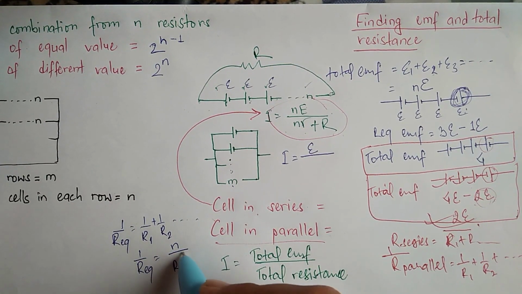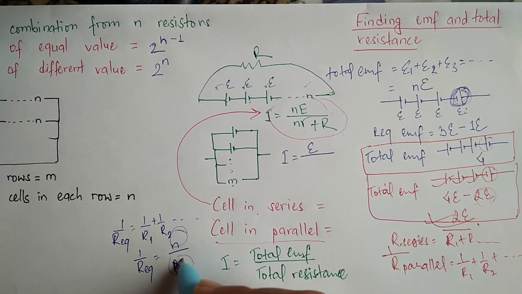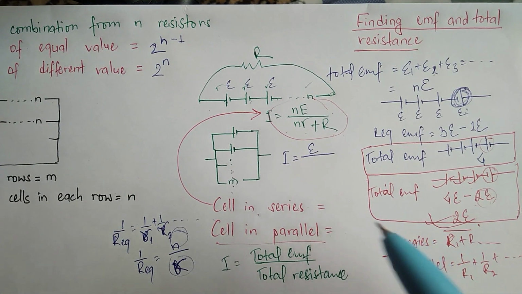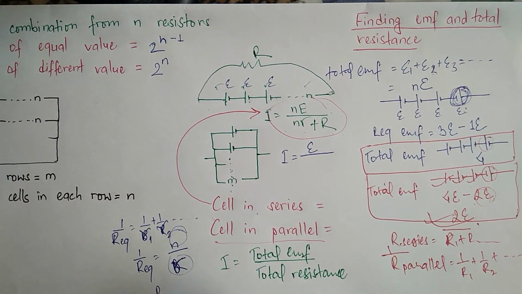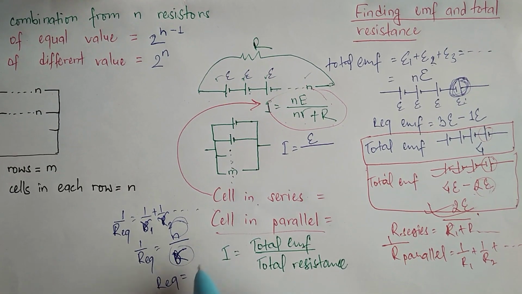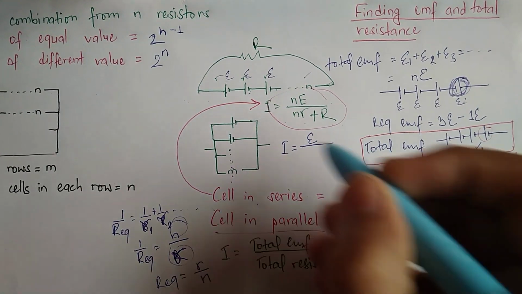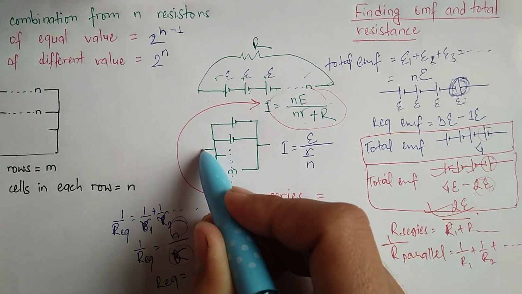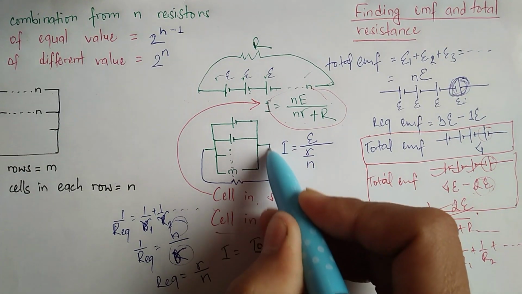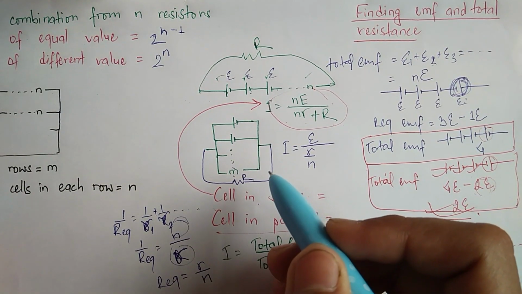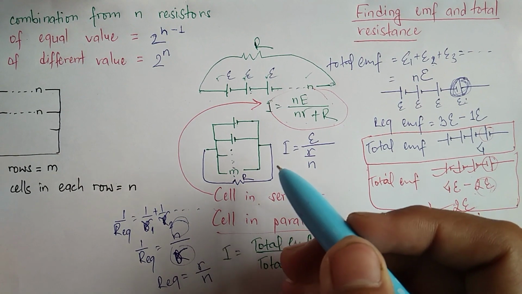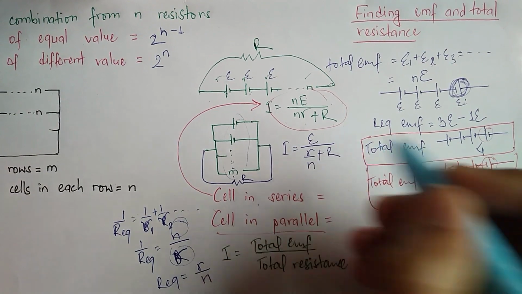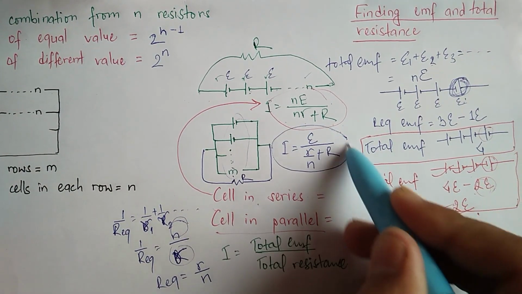So now R equivalent will be R by n. This is for internal resistance R of the battery. And then wait, there is one external resistance too. If there is one external resistance, it is in series with this combination, so plus R. This is the required relation, cells in parallel.